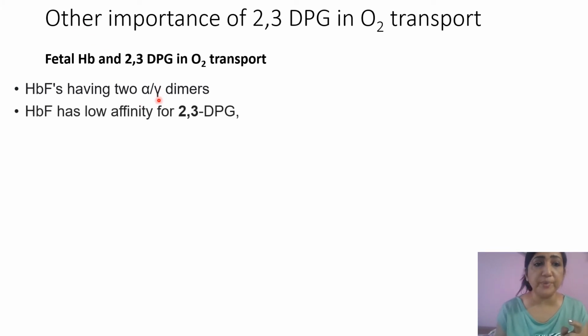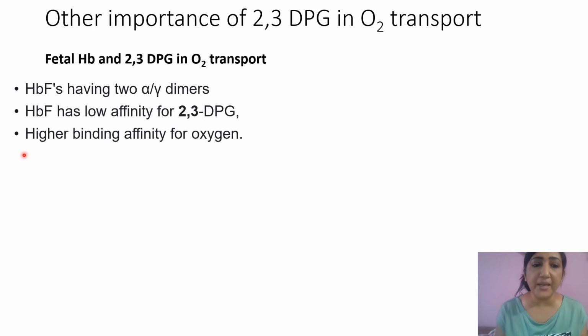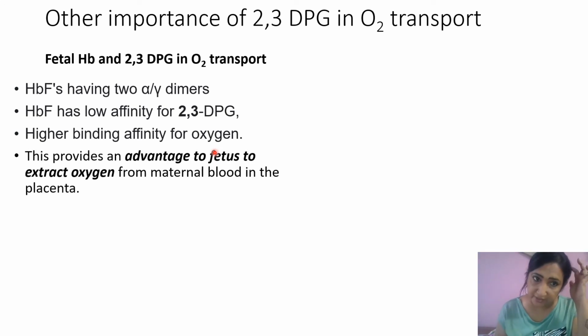So 2,3-DPG has a low affinity towards hemoglobin F, because the beta chain is not present. So higher binding affinity for oxygen happens in fetal hemoglobin. Because the gamma chain has lesser affinity towards 2,3-DPG, competition is less, and instead oxygen binds with the gamma chain more. So what is the advantage?